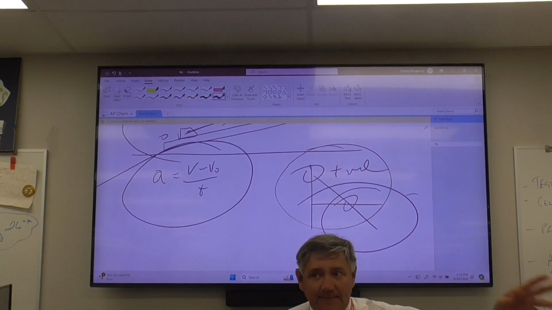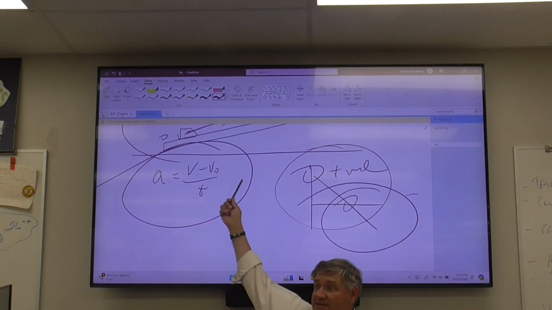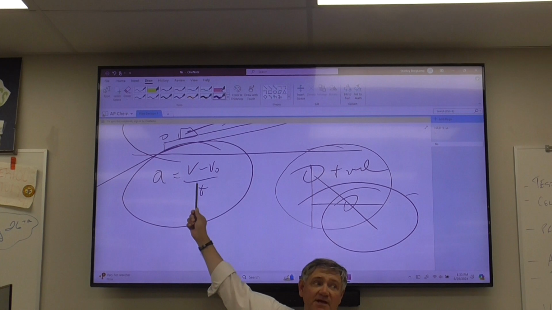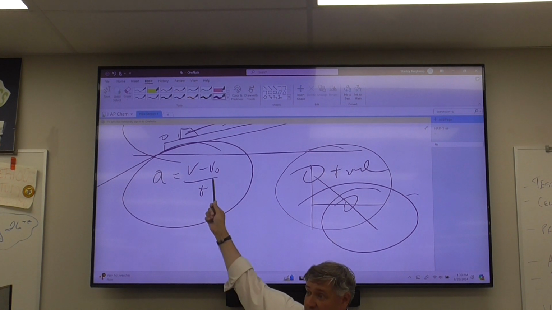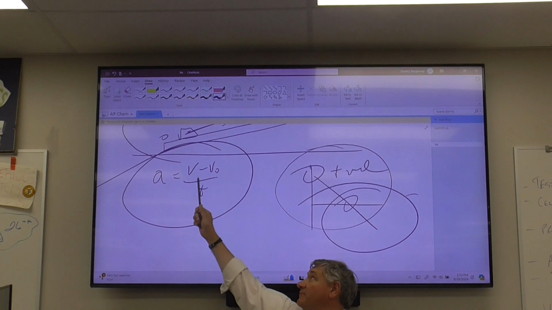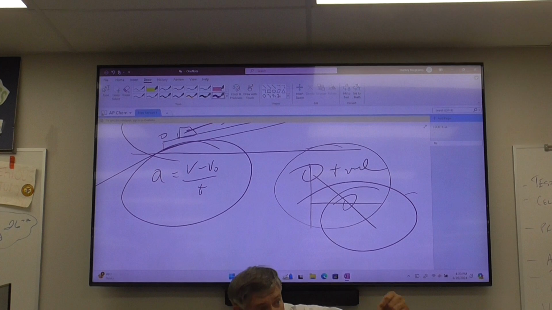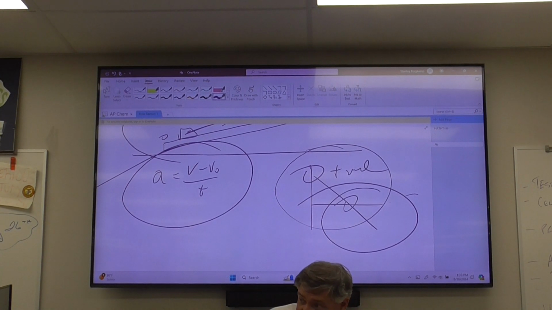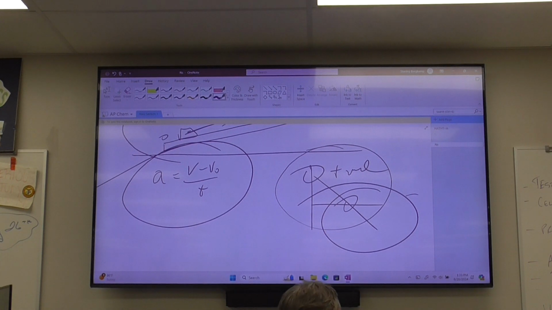So mathematically, on the way down, my final velocity is going to be a negative number, and my initial velocity is 0. So I have a negative number minus 0, which also generates a negative acceleration. The slope of this graph says I get a negative acceleration.